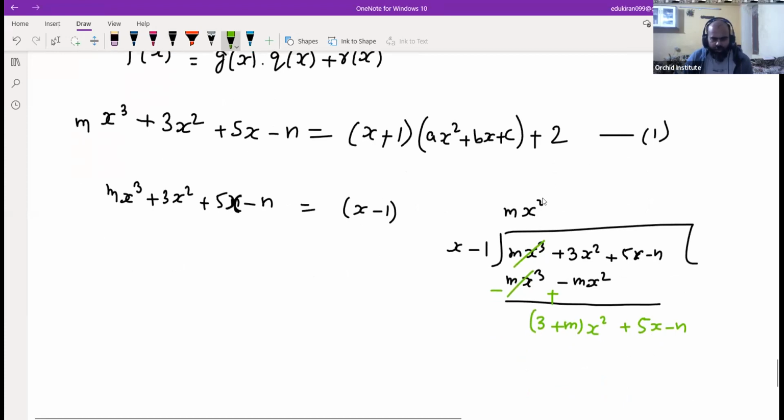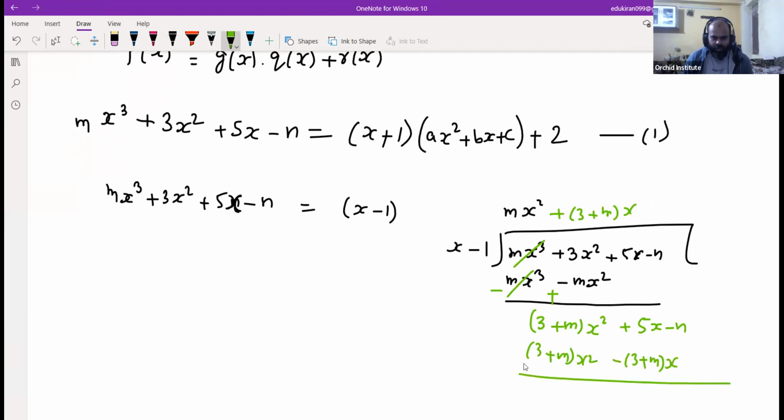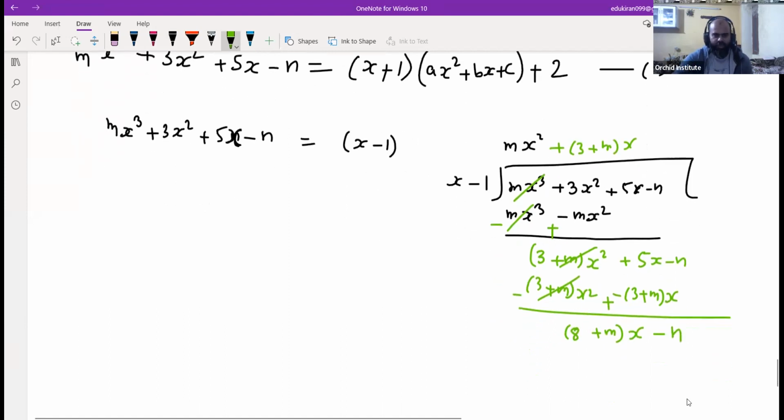Then we take 3 plus m into x here, and it will be 3 plus m into x square minus 3 plus m into x. So when you subtract, this will cancel and it will become 8 plus m into x minus n, because 3 plus 5 will be 8. Are you following this division?